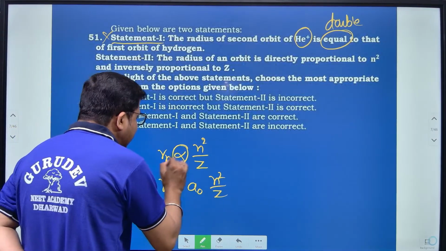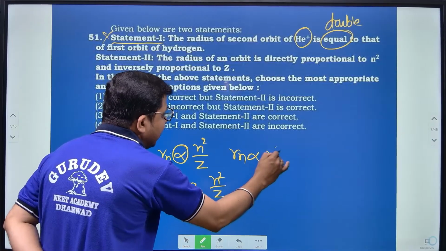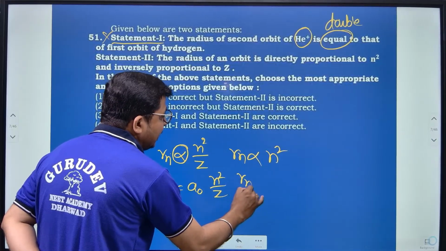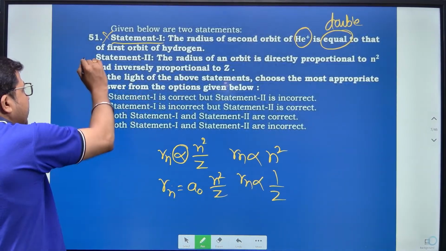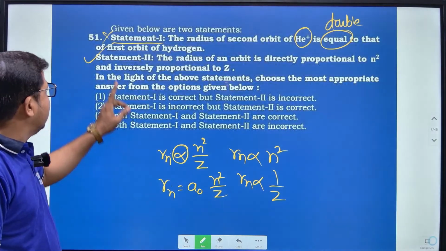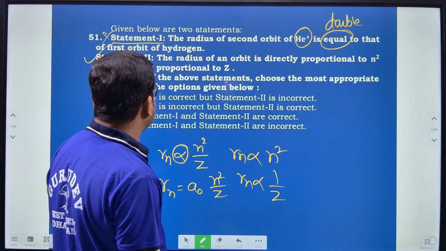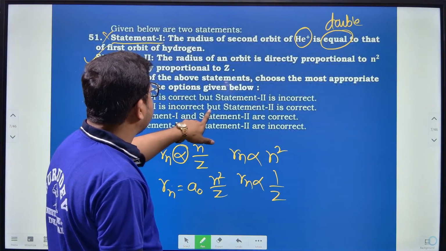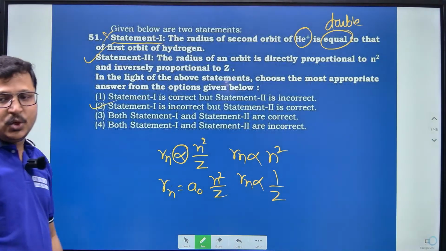So Rn is directly proportional to n square, and the same Rn is inversely proportional to Z. Therefore statement 2 is correct. The right option among the four choices is: statement 1 is incorrect and statement 2 is correct, that is option number 2.